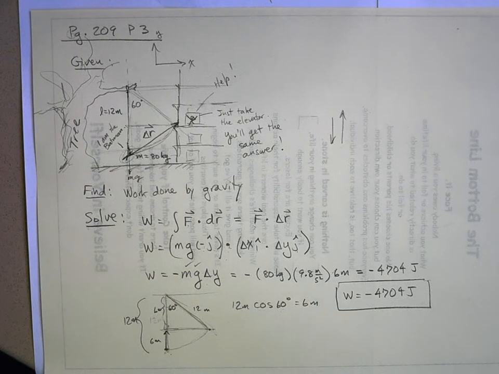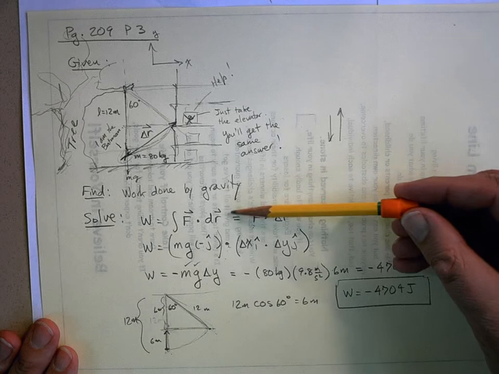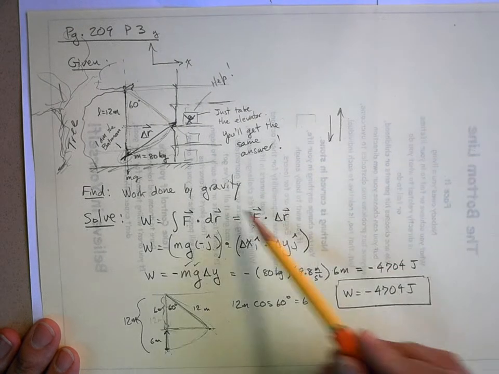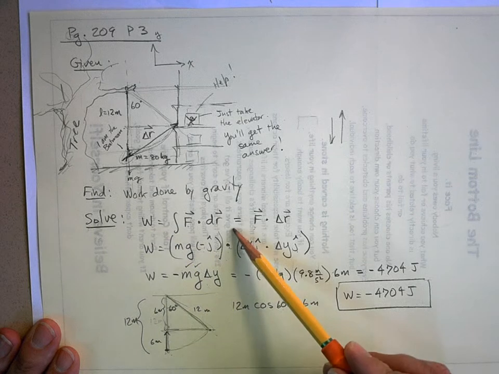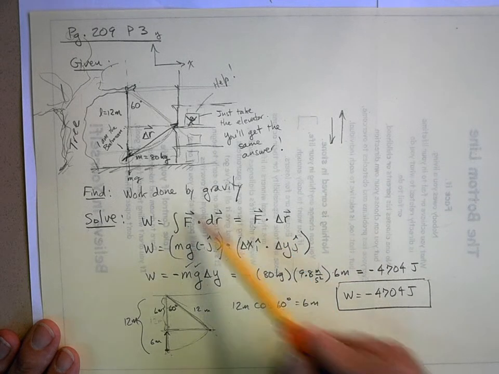So, bottom line is that in calculating the work done by a force, I started with the very basic equation. And then I start breaking it down. Oh, the force is constant. I don't need to worry about the integral.